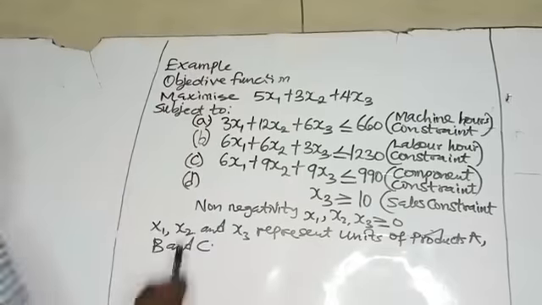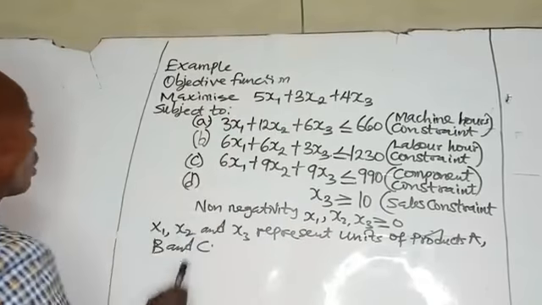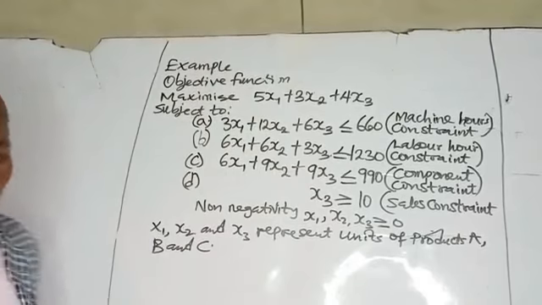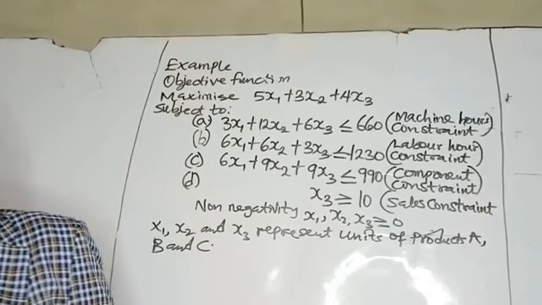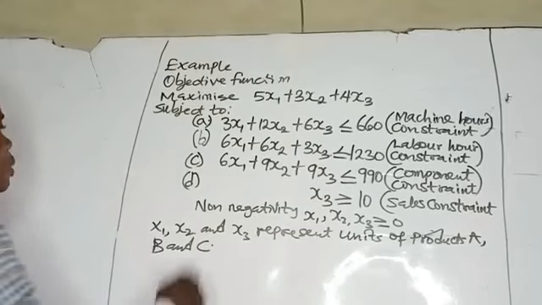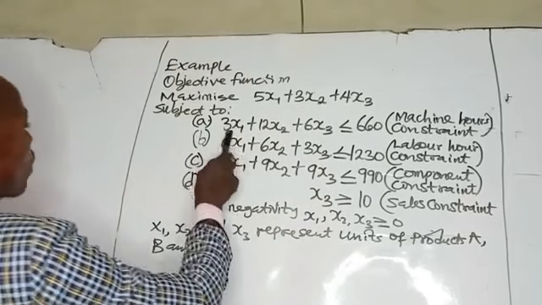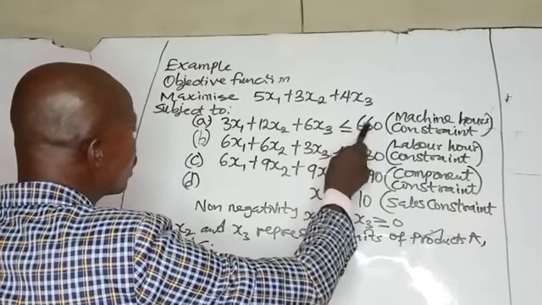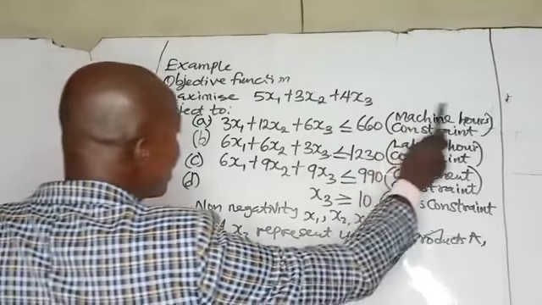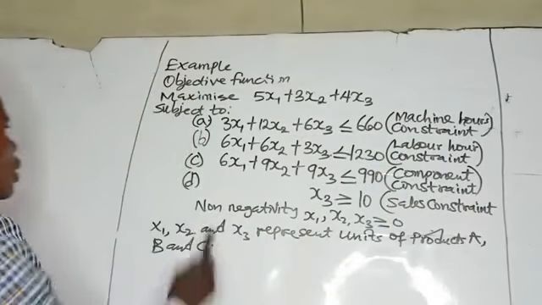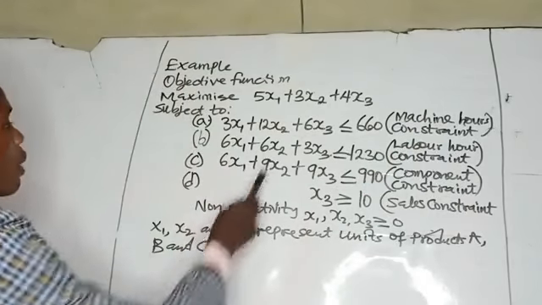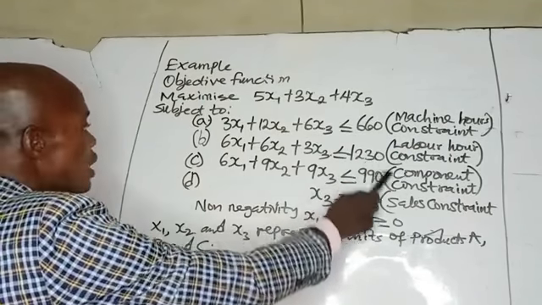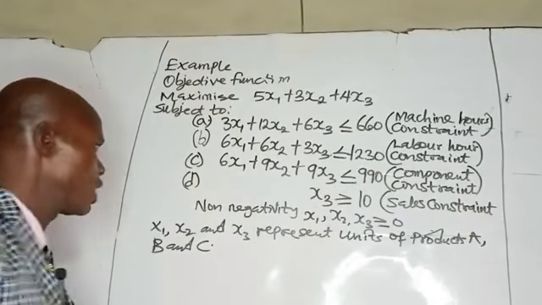Example: objective function. Maximize 5x1 plus 3x2 plus 4x3. Subject to constraint A, 3x1 plus 12x2 plus 6x3 less than or equal to 660, which is the machine hours constraint. Constraint B, 6x1 plus 6x2 plus 3x3 less than or equal to 1230, which is the labor hour constraint.